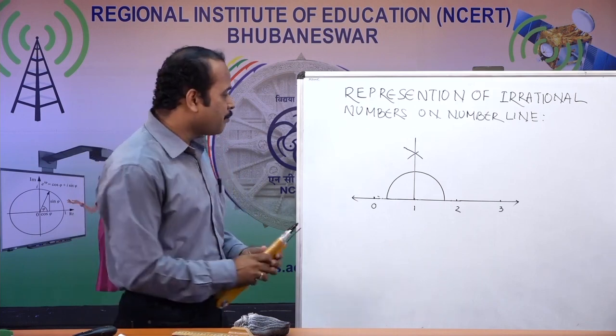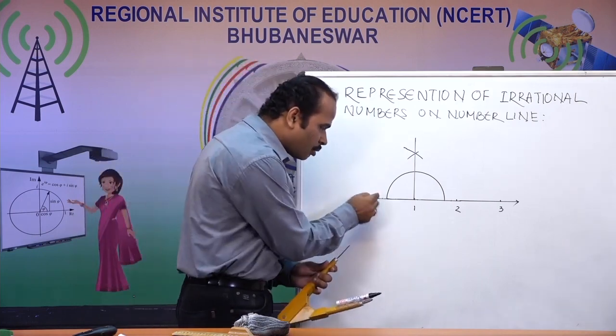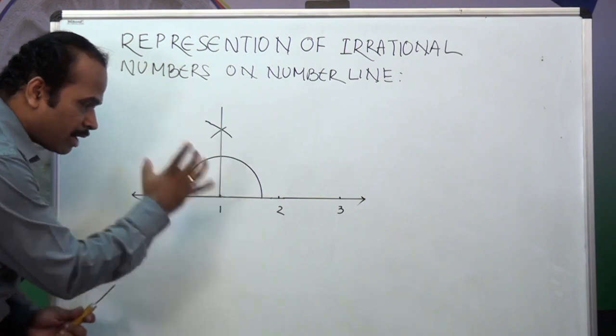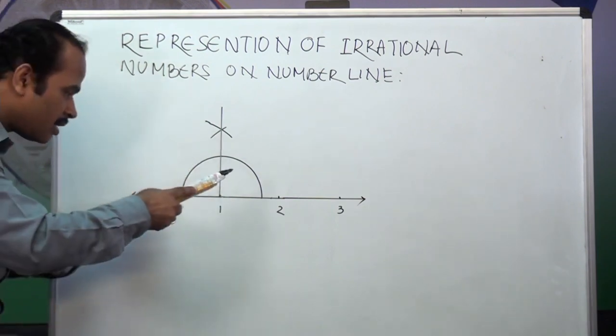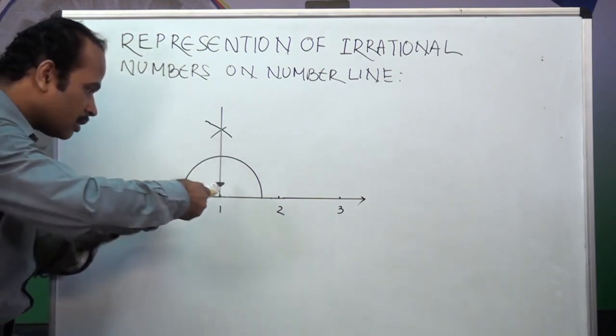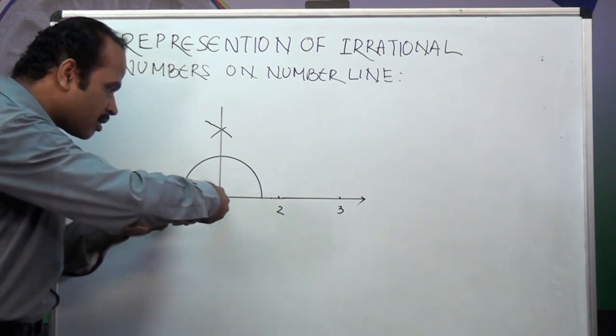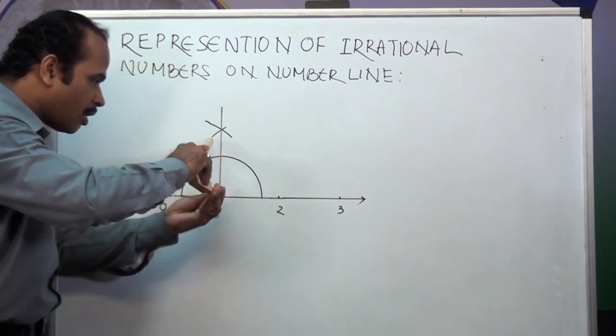Now suppose this is my 0, and this 0 to 1 is 1 unit. Let me select this 1 unit here, and on this line I will cut the same 1 unit.